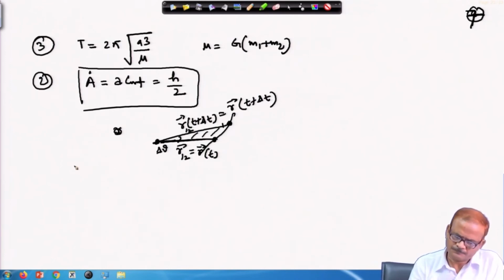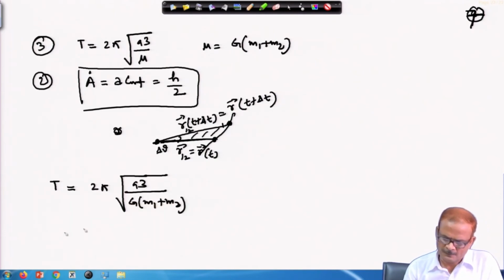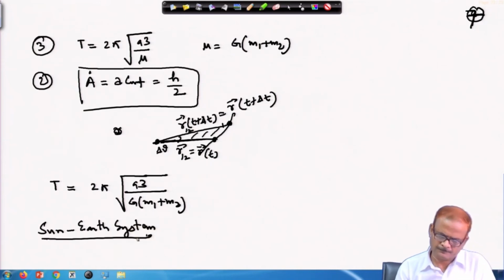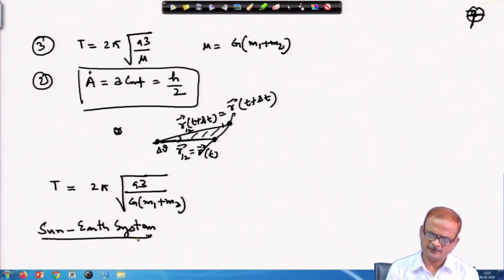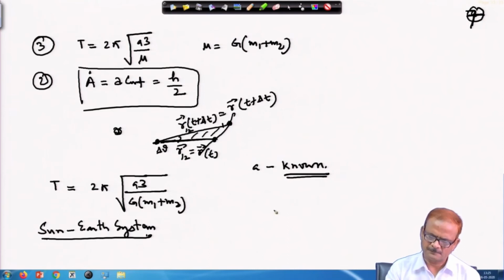Now, look into this T, this is 2 pi root of a cubed by mu, where mu is G times (m1 plus m2). Suppose we consider the Sun Earth system. In the Sun Earth system, a is known, it is measured.